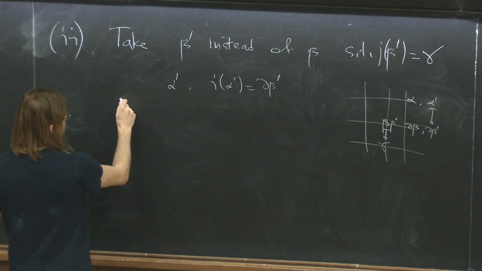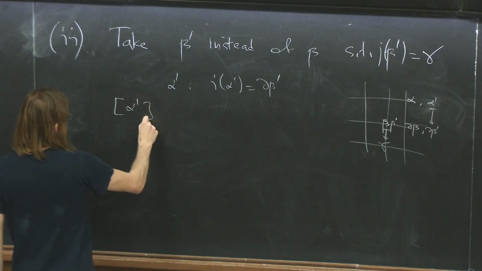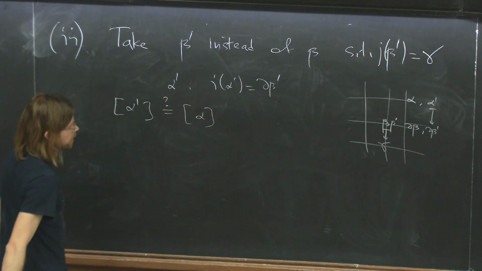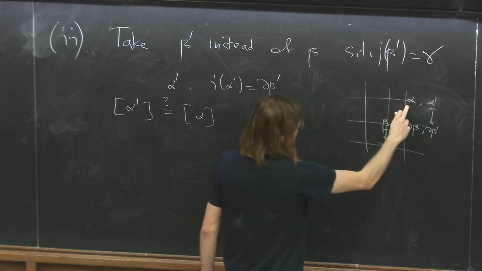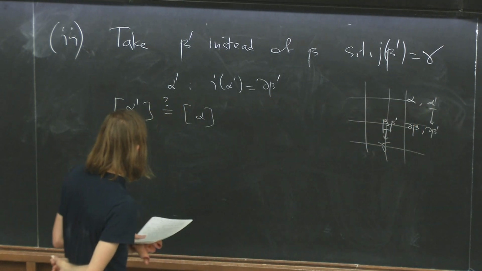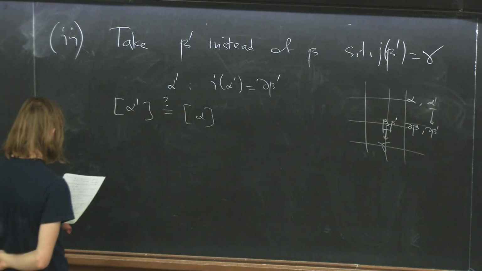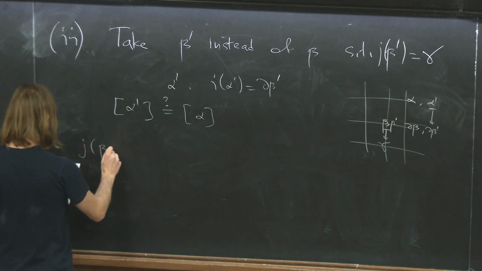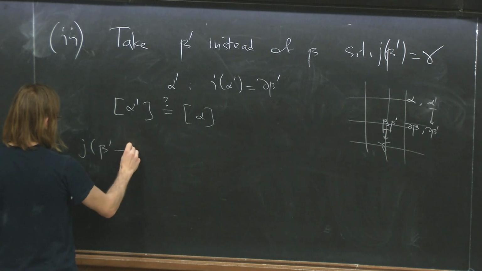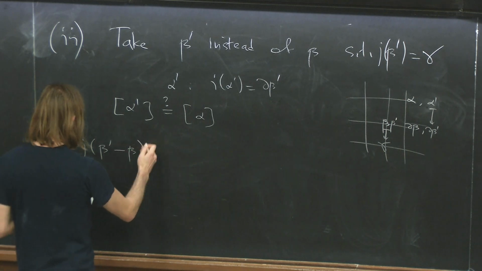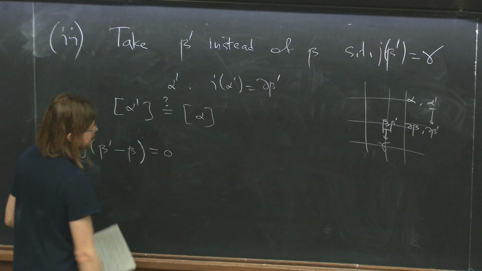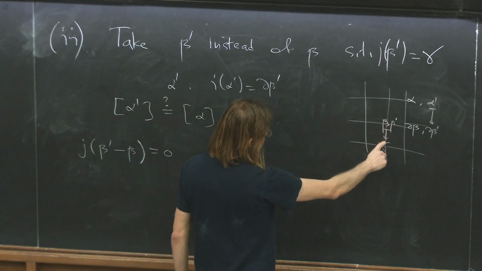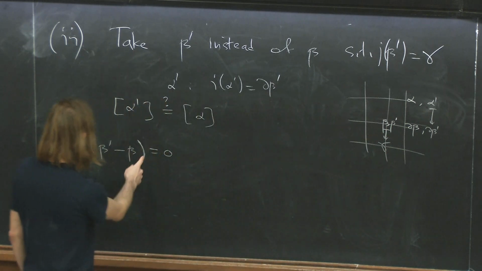And we want to check that the result as an element in the homology will be the same. So we want to check that this alpha and alpha prime represent the same class in homology. Okay, let's consider J of this difference, beta and beta prime. By definition, the image under J is the same, so J of the difference would be 0, right?